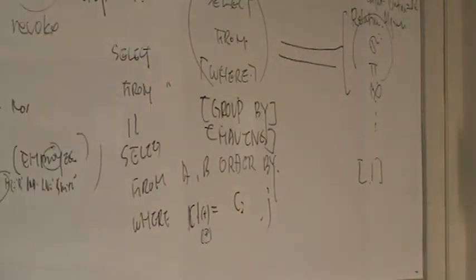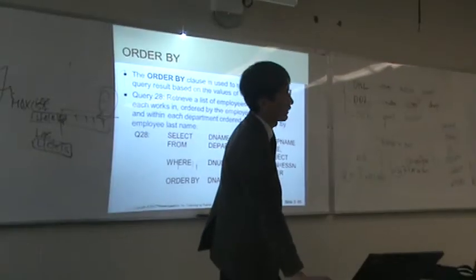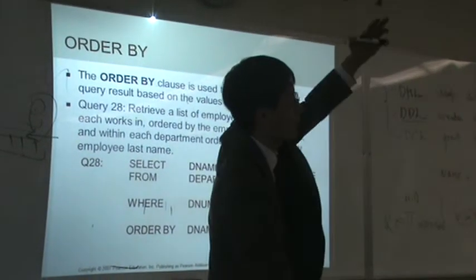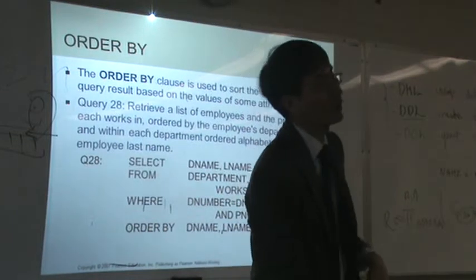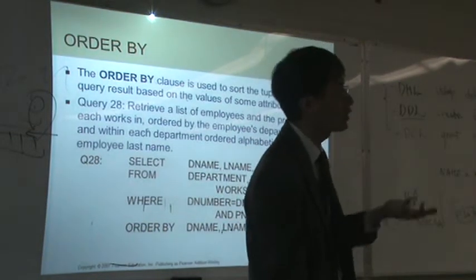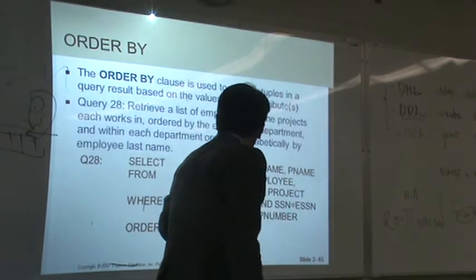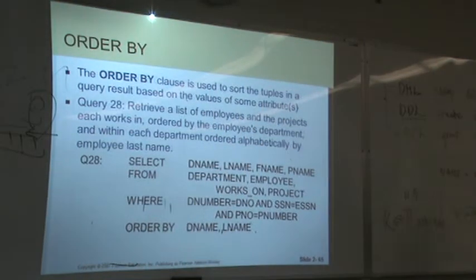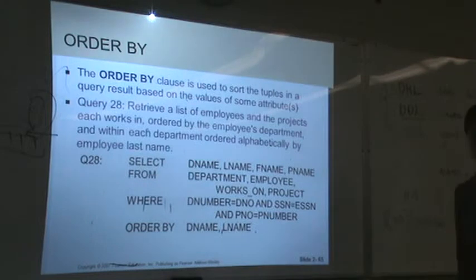So you can specify ASC or DESC. Okay? Which one will be the default? Ascending. Okay? That makes sense. Ascending is from lower to bigger number or A to Z. And if you want descending, you can specify DESC. Okay. So one more, order by. So this is the basic component of select. Mostly this one, 99%.